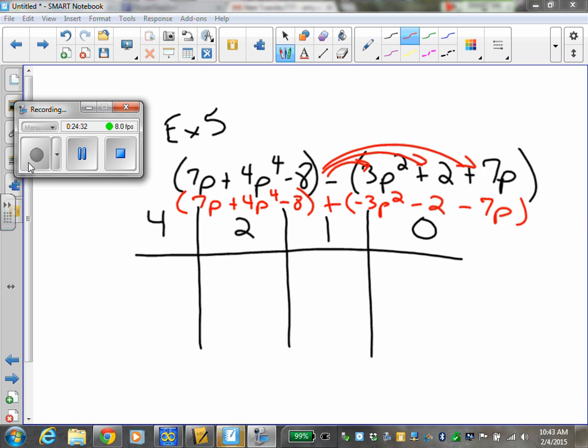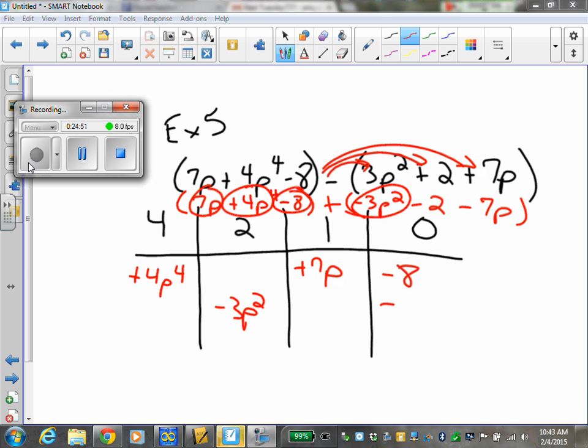Okay, so now we can put it in with my new problem. So positive 7p goes in the 1's, positive 4p to the fourth goes in the 4s. Negative 8 goes in the 0s. Negative 3p squared goes in the 2s. Negative 2 in the 0s. And negative 7p here. So this guy comes down.